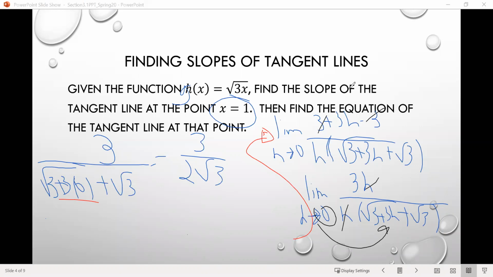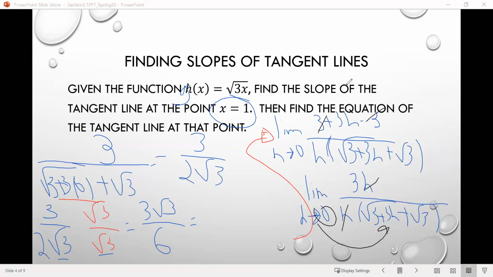And let's rationalize this because we have a root 3 on the bottom. So if we do that, we'll have 3 over 2 root 3 to rationalize, very similar to what we're doing, multiplying by the conjugate. So multiply by root 3 on the top and on the bottom. If I do that, in the top, I'm going to have 3 root 3. In the denominator, the root 3 times the root 3 will become positive, or just 3 times 2 gives us 6.